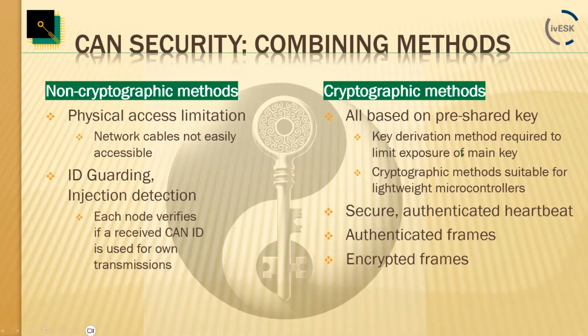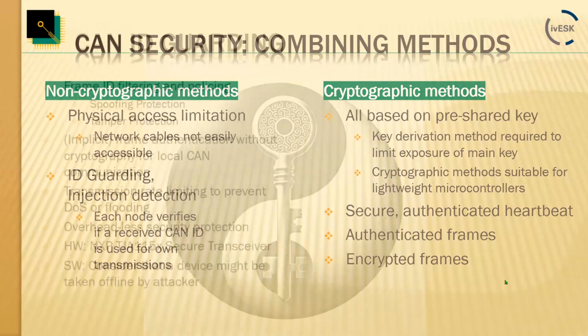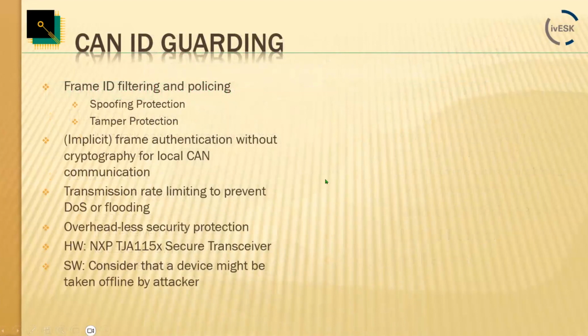And because we want to protect the pre-shared key, there needs to be some derivation method where keys are derived from this key to limit its exposure. And of course, the cryptographic methods chosen have to be suitable for lightweight microcontrollers. This would then allow us to do things like having a secure authenticated heartbeat, and also authenticate and encrypt frames. Let's have a closer look at the CAN ID guarding.